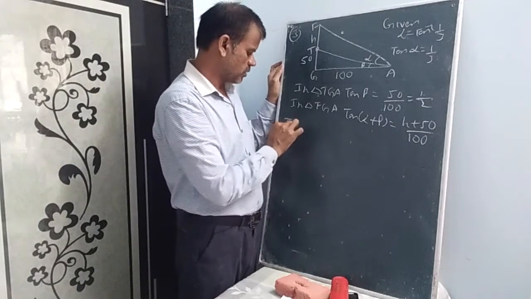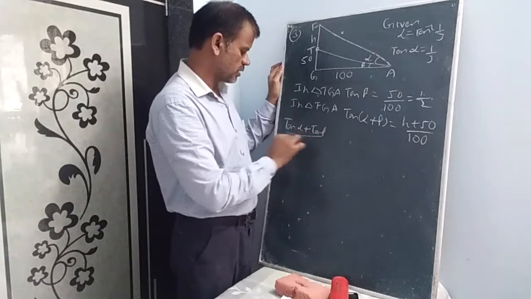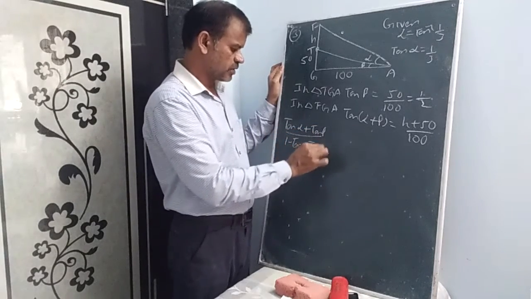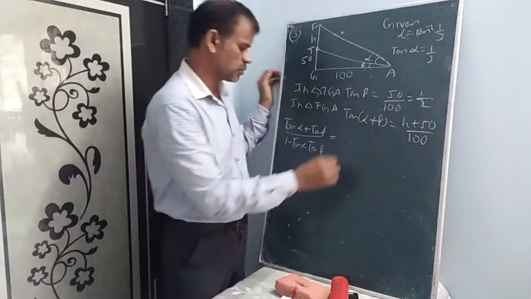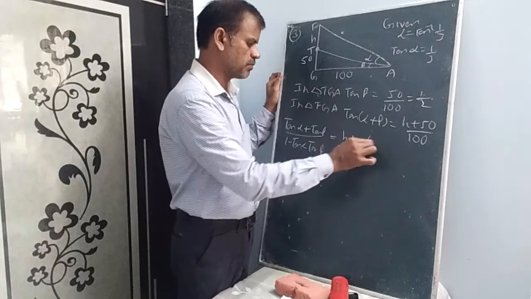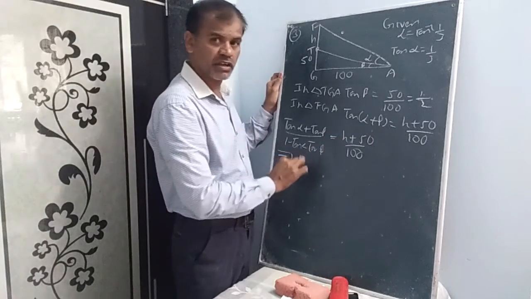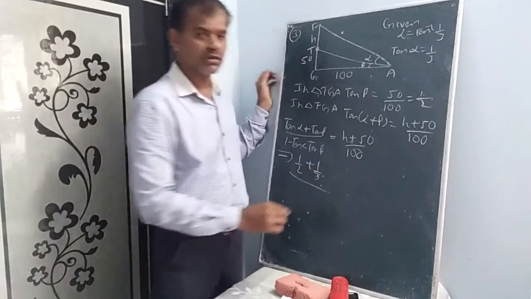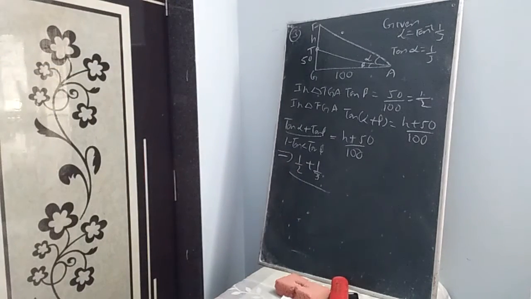So apply the formula: tan of alpha plus beta is tan alpha plus tan beta by 1 minus tan alpha into tan beta, which is equal to h plus 50 by 100. Apply the values here: tan alpha equal to 1 by 3 and tan beta is equal to 1 by 2.